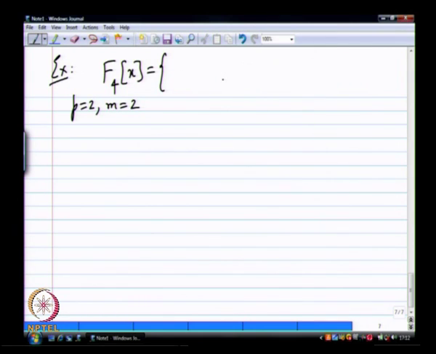Polynomials of degree less than or equal to m minus 1 with coefficients from F2x, F2, sorry. And what is m minus 1? 1.